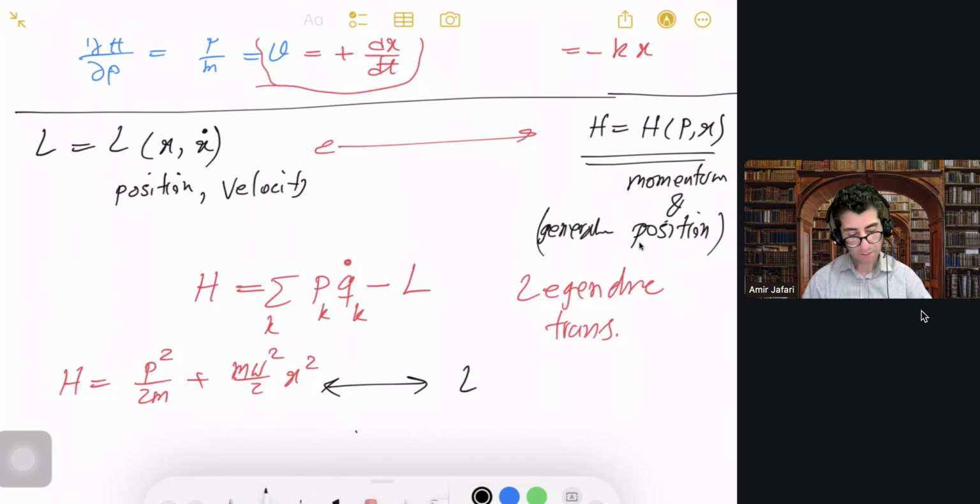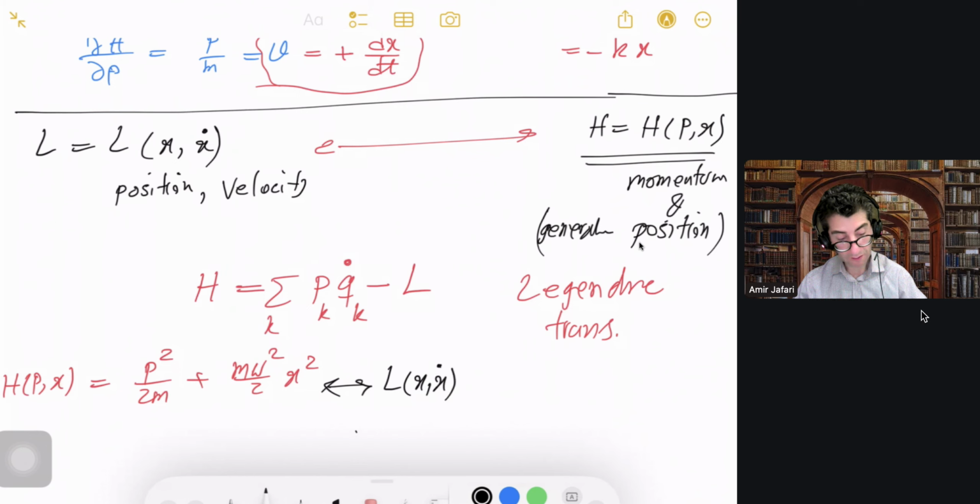L turns out to be, well, this is H in terms of P and X, to emphasize that H is a function of generalized coordinates, positions, and momenta, and L is a function of x and x dot, or velocity.